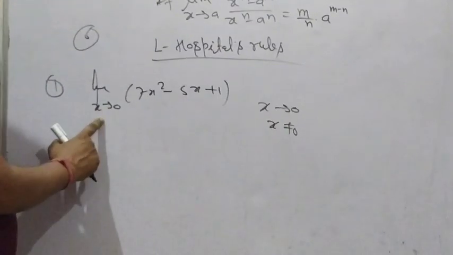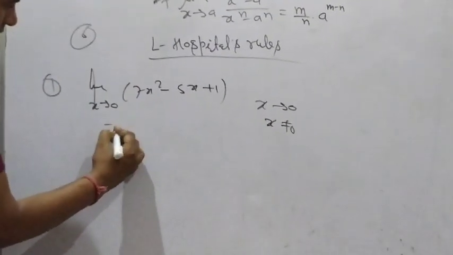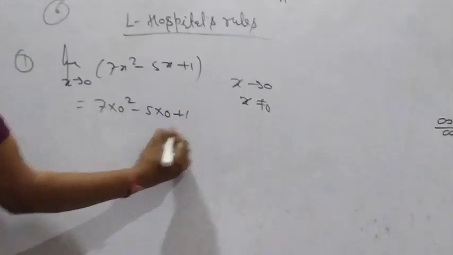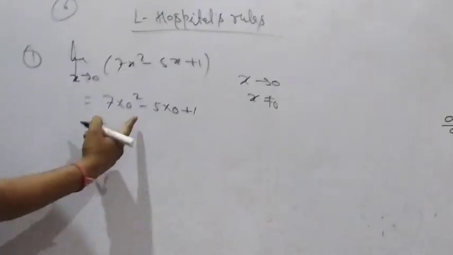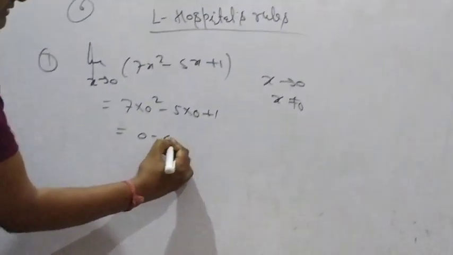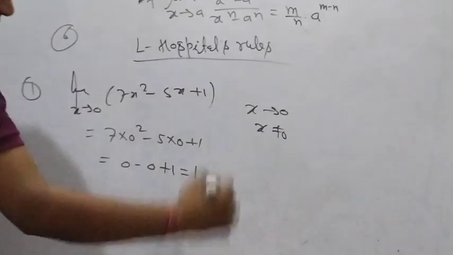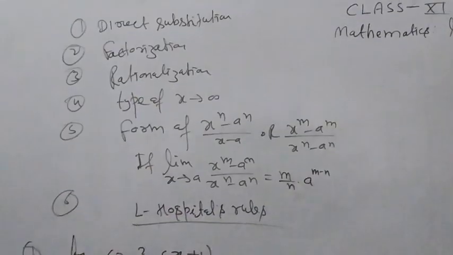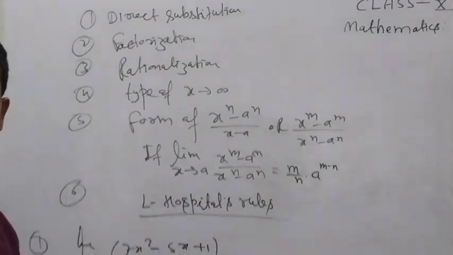It means in the place of x we can put 0. Now here 7 into 0 square minus 5 into 0 plus 1 is equal to what? 0 minus 0 plus 1 is equal to 1. This is a direct substitution method.